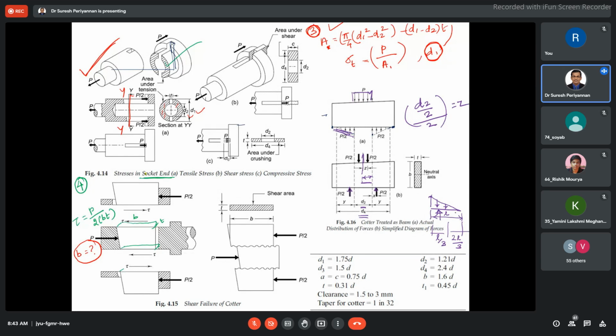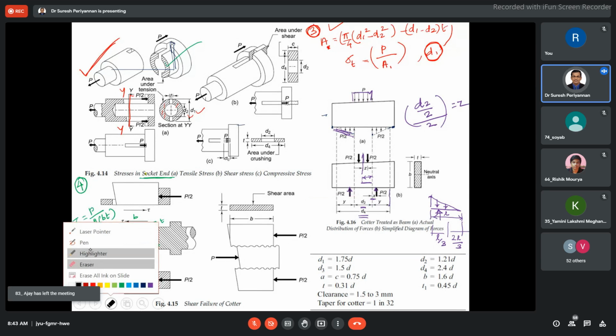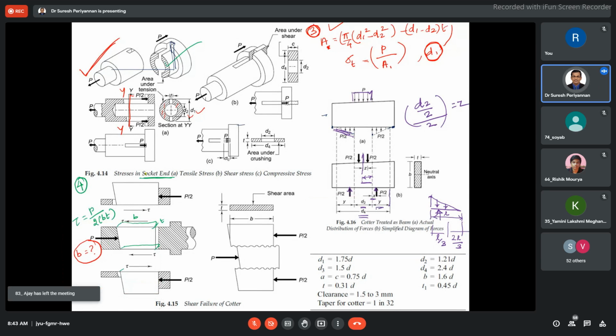The total length of the uniformly varying load is Y. This is nothing but Y, the length.